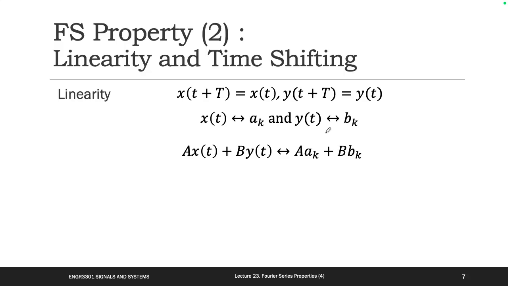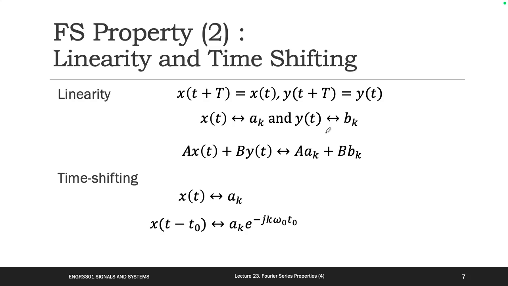Okay, and then for the time shifting, if you have the signal x(t) with FS coefficient ak, and you do a time shifting, your new FS coefficient is this one, ak multiplied by this item. Here the t now is just this number. If your signal becomes x(t minus 1), then t now will equal 1, am I right?